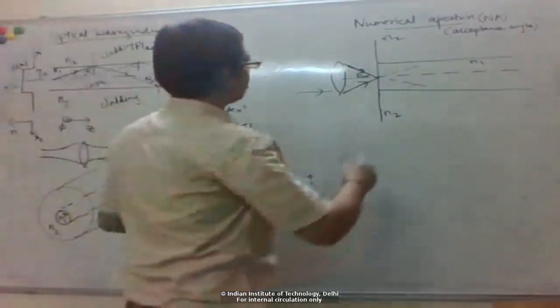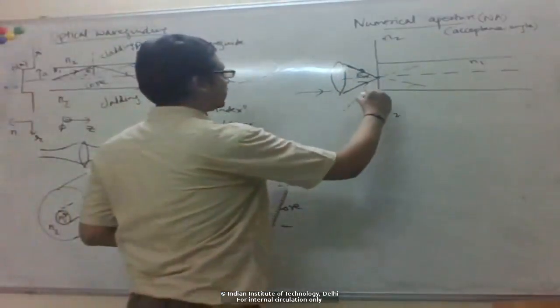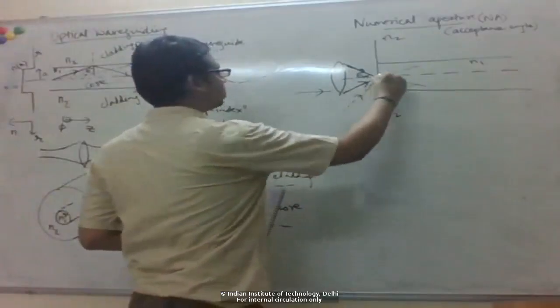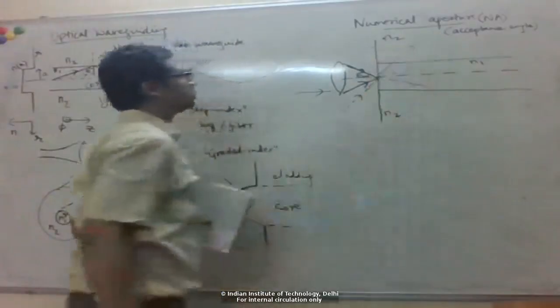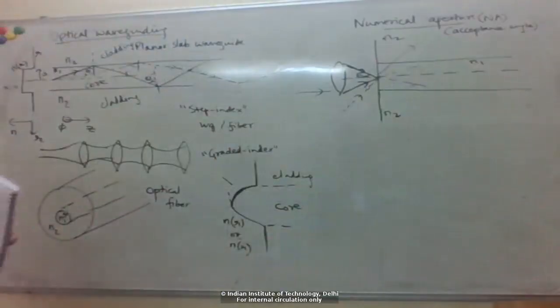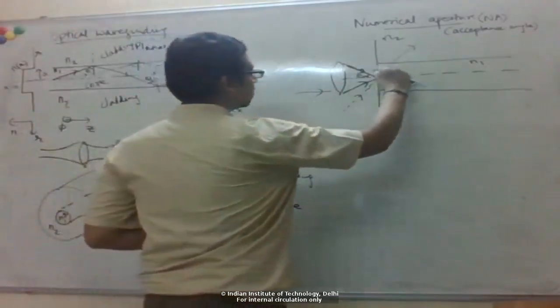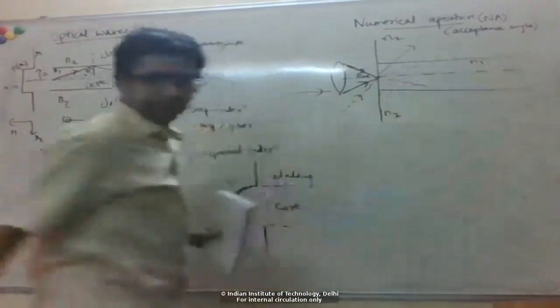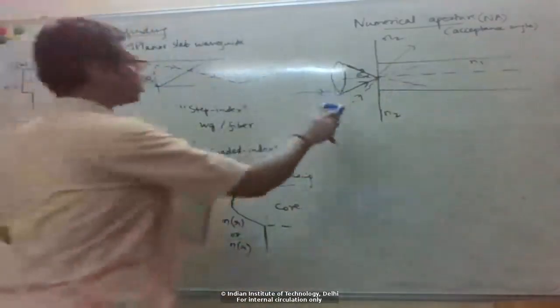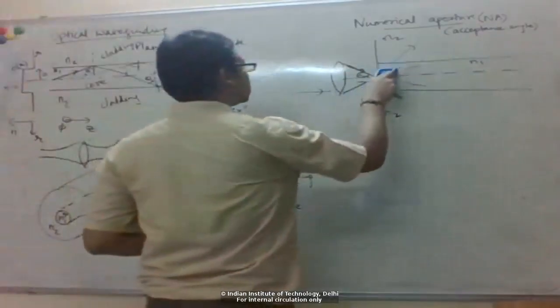If I have incident light outside that cone, these rays won't be guided; they'll get refracted out. So only the light incident within this cone will get guided. That's the concept of numerical aperture.